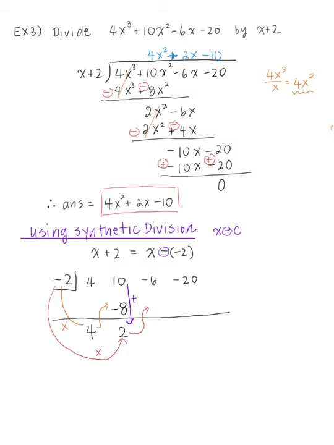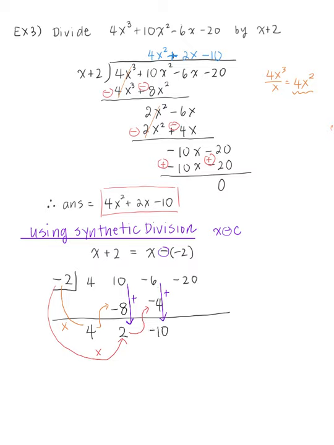So you got -2 times 2, so we're going to have, what is that, -4. So far so good. Now next step, you're going to add these numbers vertically. Then here you're going to have -10.